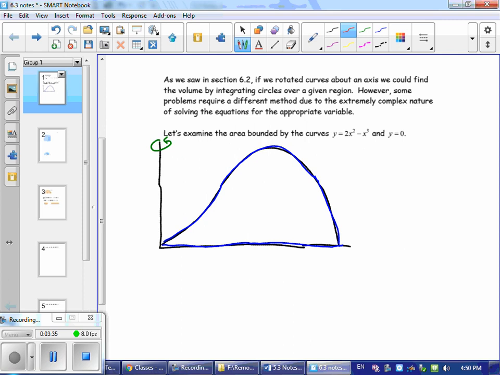So what we would need is the inside radius, and we would need the outside radius.